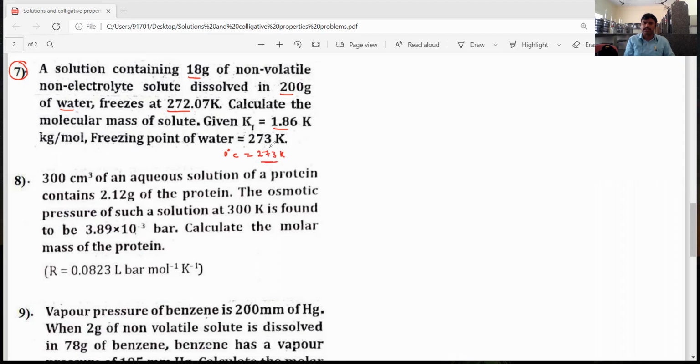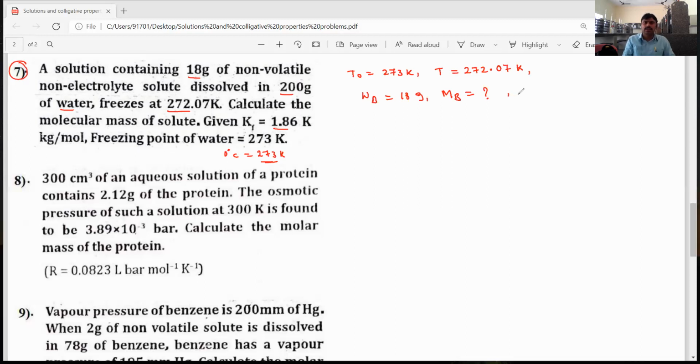So T naught is equal to 273 Kelvin, and the freezing point of the solution is 272.07 Kelvins. The weight of solute WB is 18 grams, and the gram molecular weight of solute we need to find out.